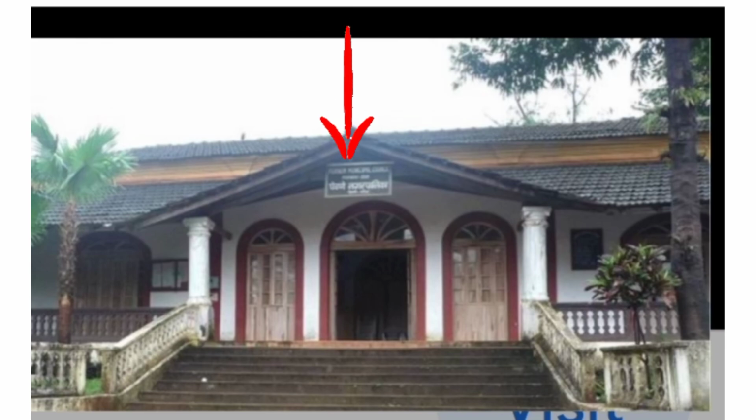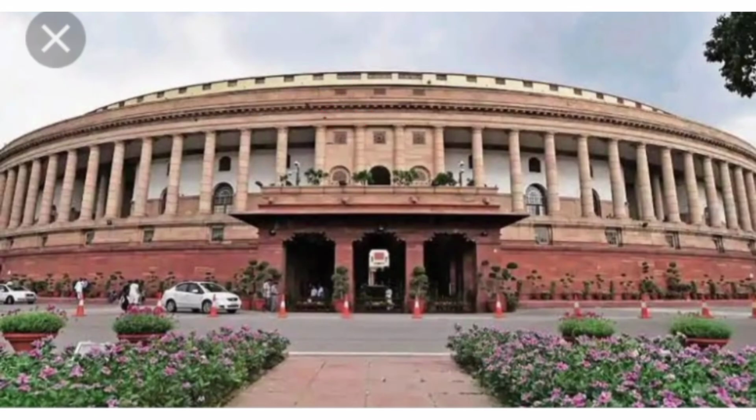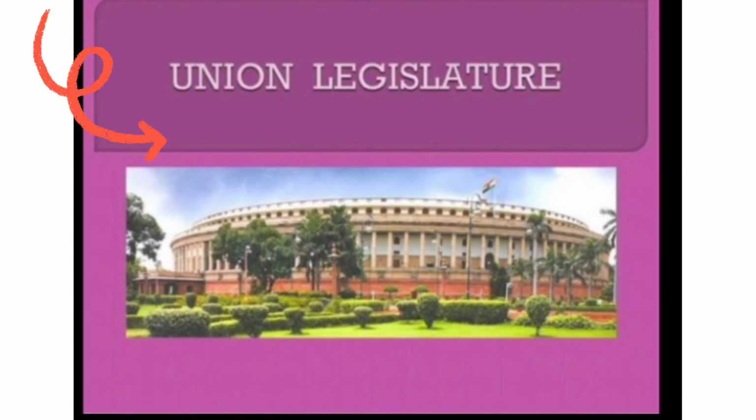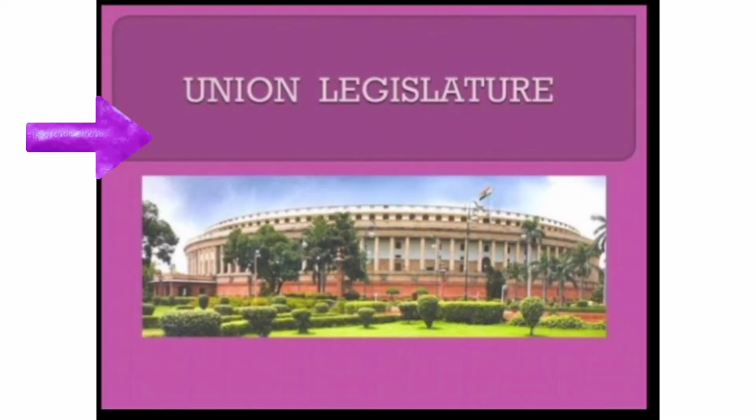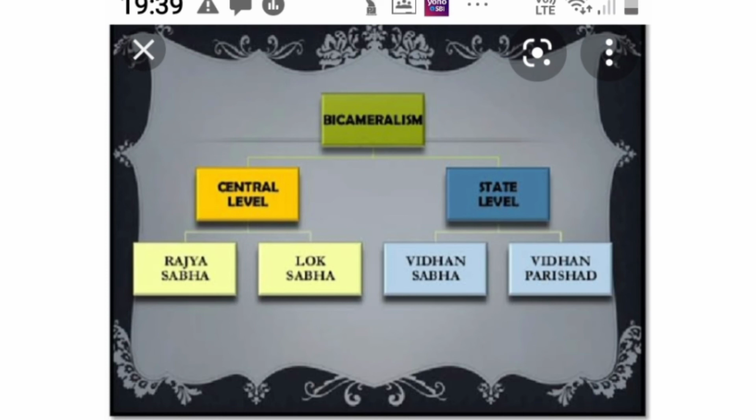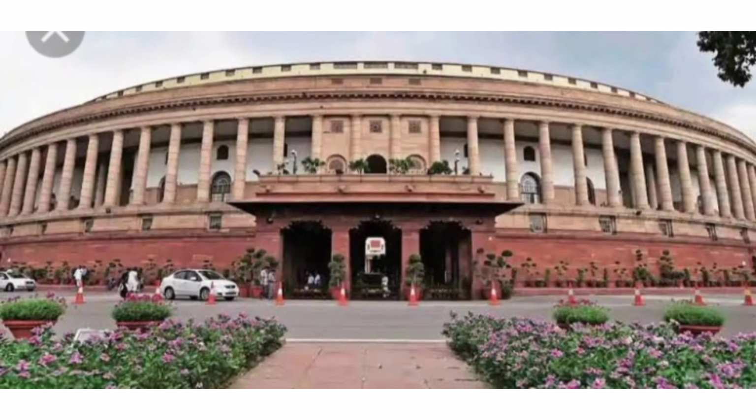The union government has got two parts, the union legislature and the union executive. Today we are going to begin with the union legislature, that is the legislature at the center. The union legislature in India is known as the parliament.